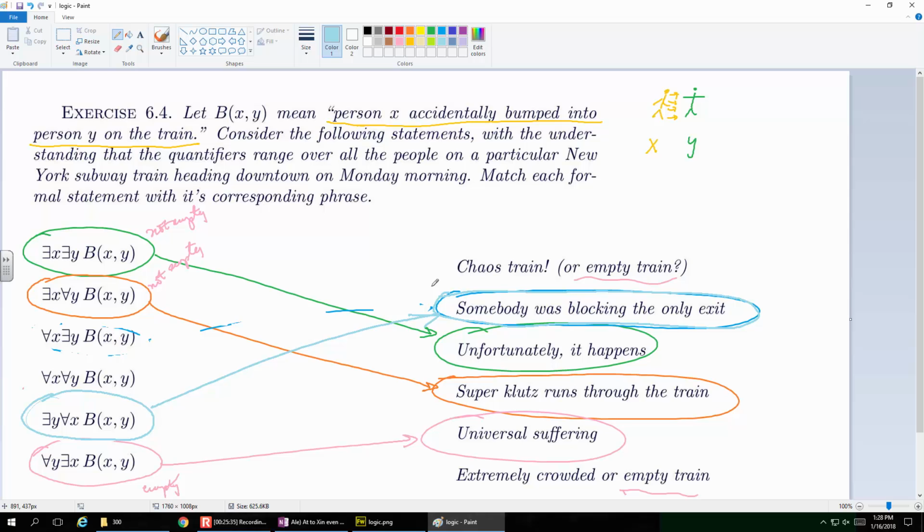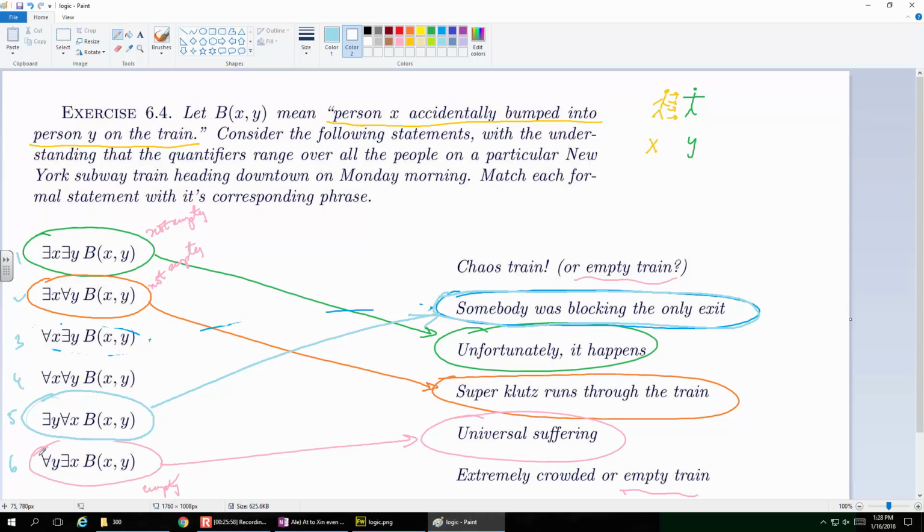Number 3. So for any X, there is a Y. So the third one should be the last one, right? Because it's for any X, there is a Y, so it means it's crowded, because for each person X. What I'm saying is that number 3 is not universal suffering.